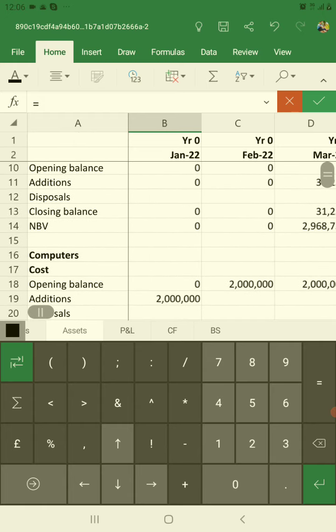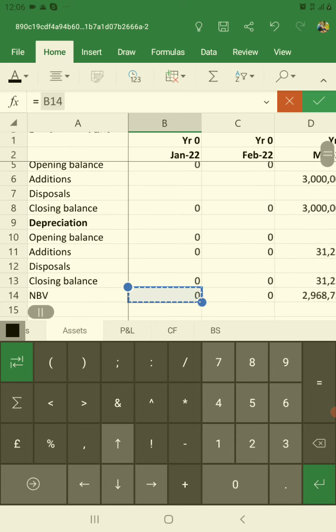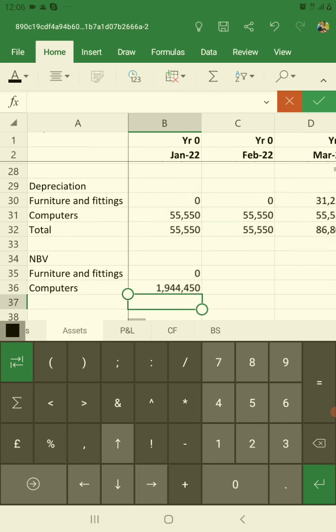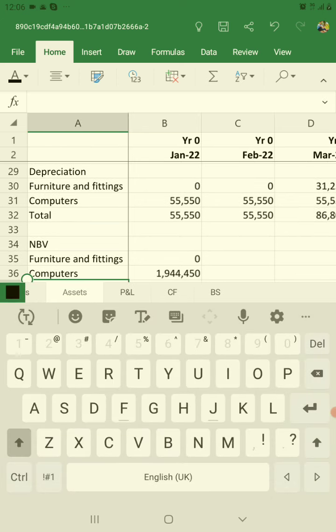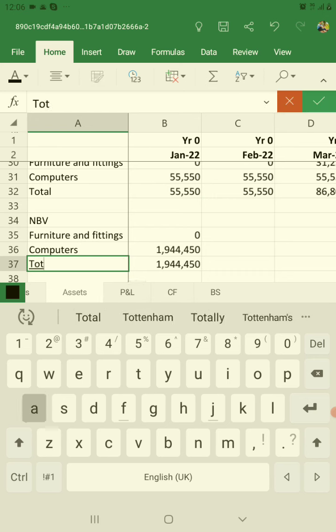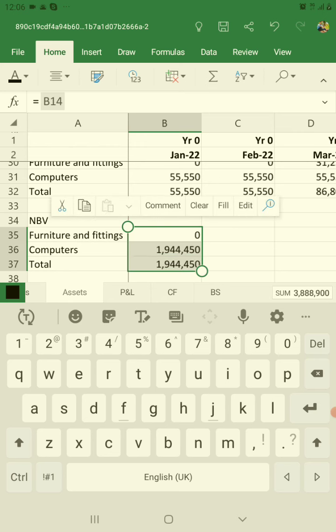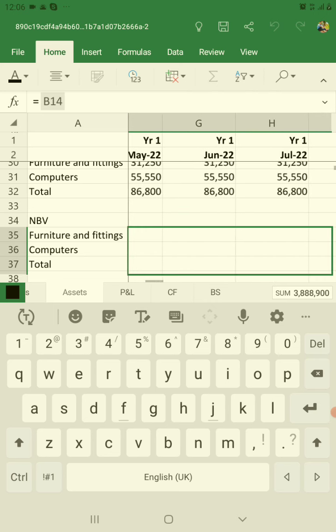Net book value for furniture is this one, enter, and for computers it is this one, net book value here, enter, and then I just use sum to add them, and this is total, and I can select this, fill to drag them throughout the projection period.